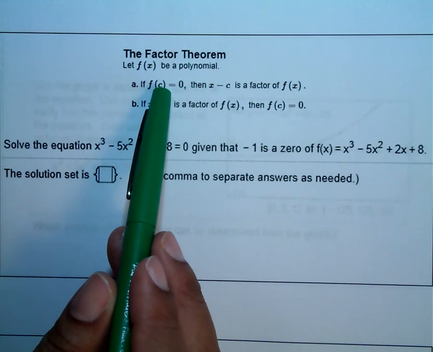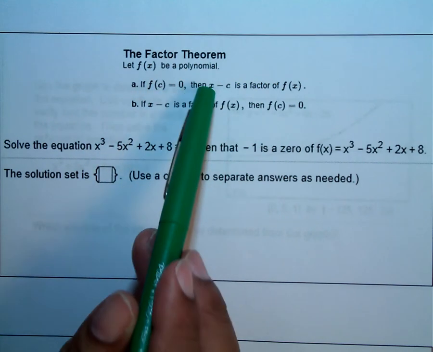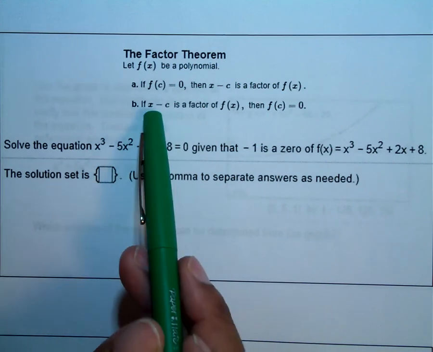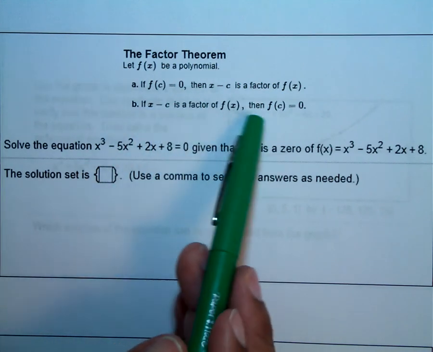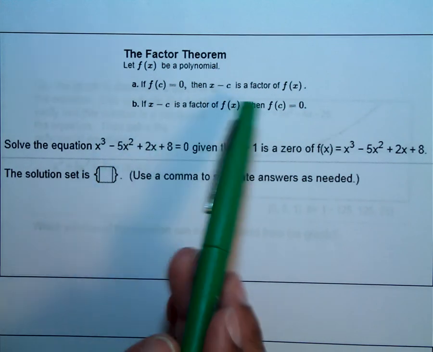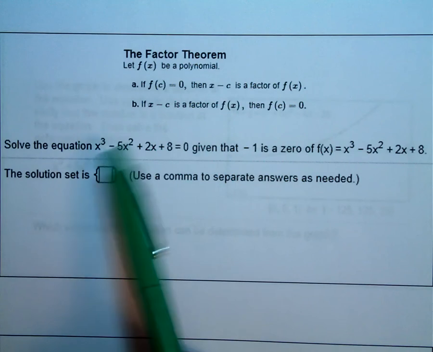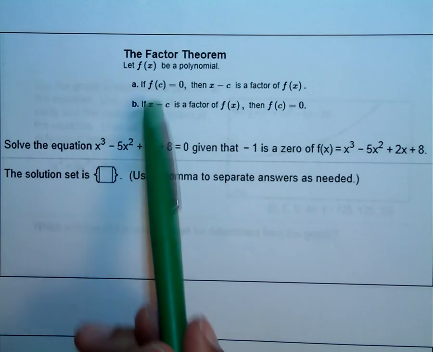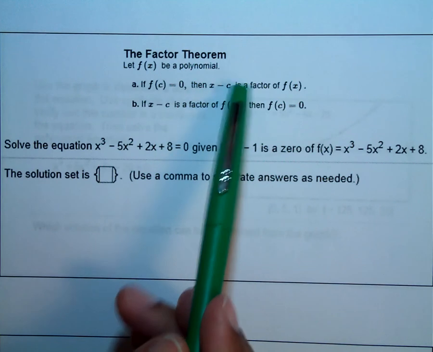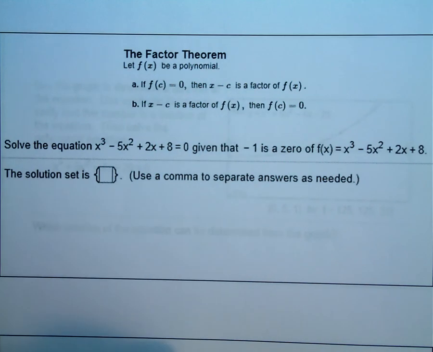If f of c equals 0, then x minus c is a factor of f of x. If x minus c is a factor of f of x, then f of c equals 0. So that's saying if I plug in whatever the number is and I get 0, then x minus whatever that number is, that is a factor. It means a factor of it.